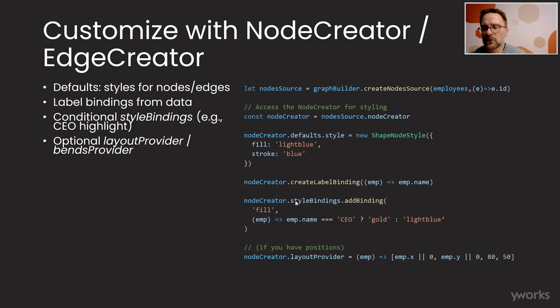You can also use this to modify the style. For example, if your style has a property fill, like we've seen before, using this method, you can declaratively change the fill of the items created using the GraphBuilder. The same works for layout and other properties.